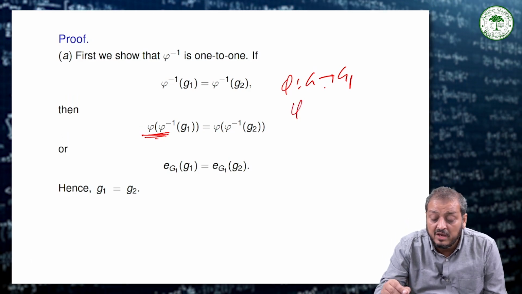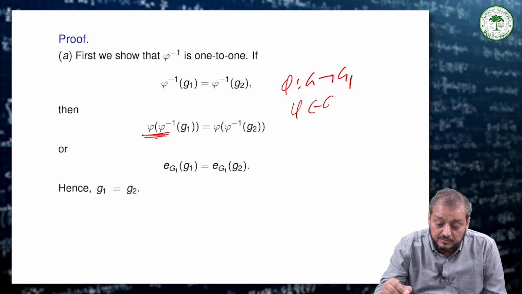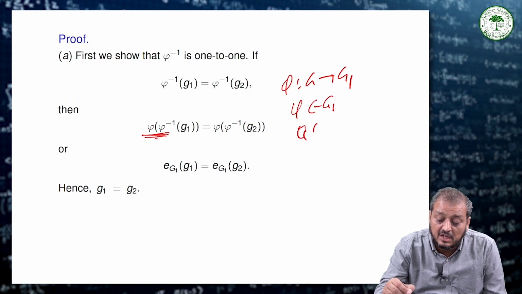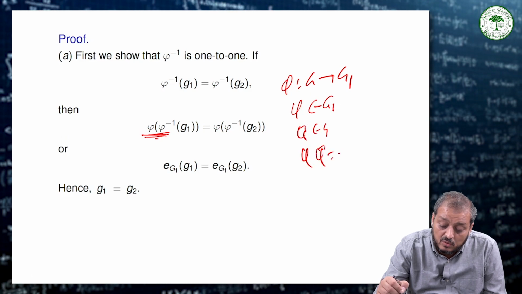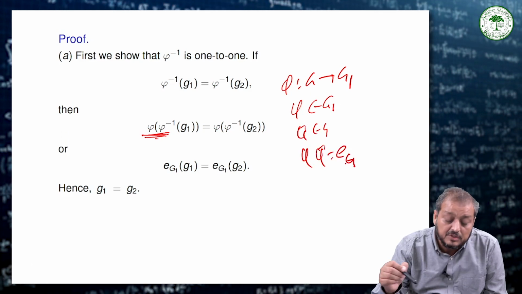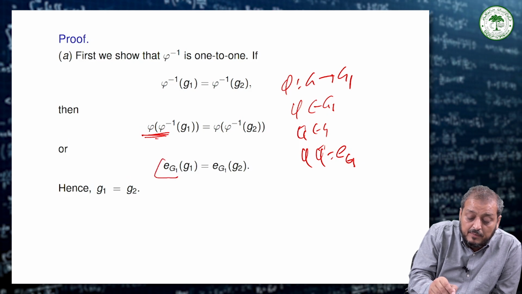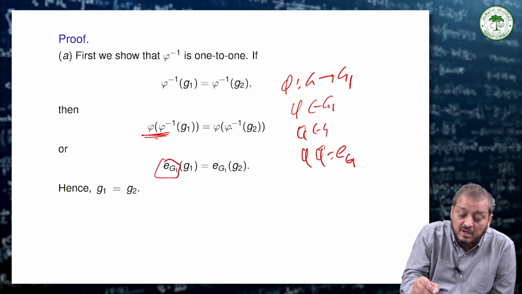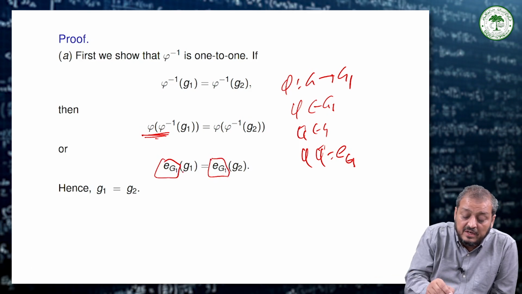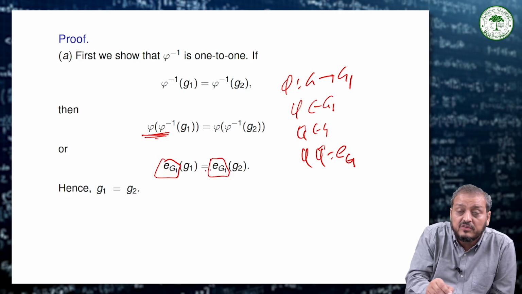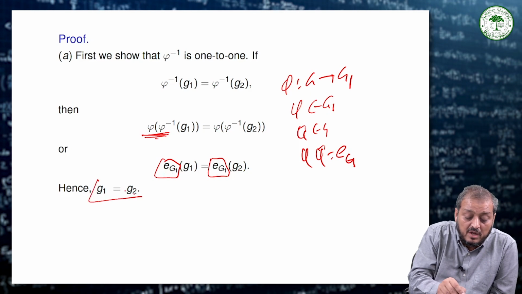So if g1 is an element of G1, then phi inverse of g1 is an element of G, and phi of phi inverse of g1 is the identity function on G1. So this is the identity function of G1, and this gives g1 equal to g2.